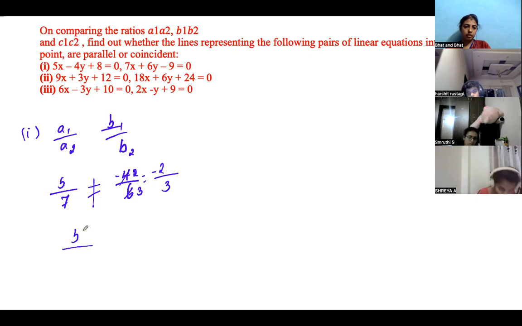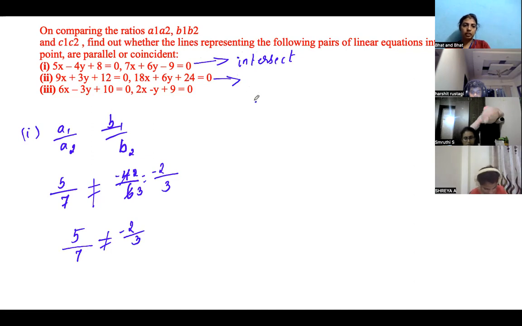Thus 5 by 7 is not equal to minus 2 by 3, right? Understood? Therefore, these two represent lines which are intersecting. They intersect.